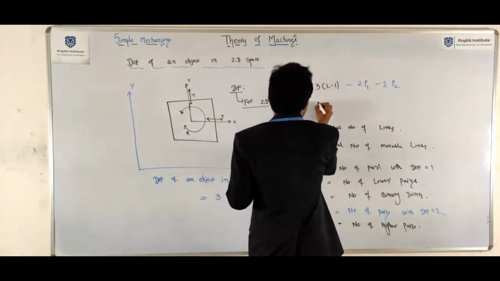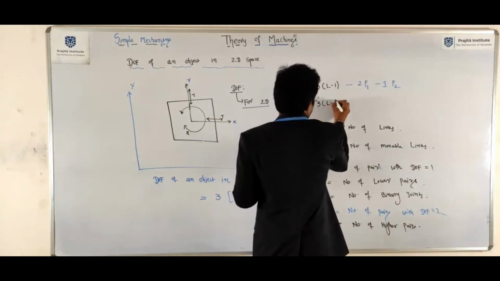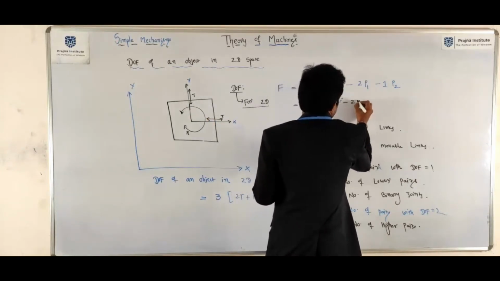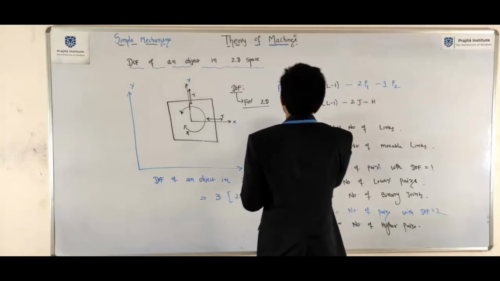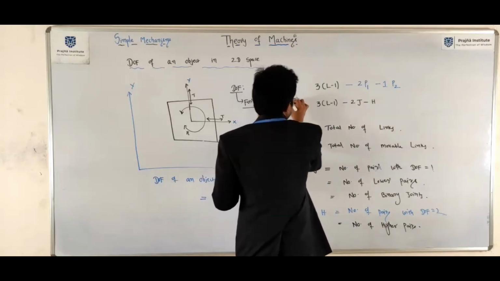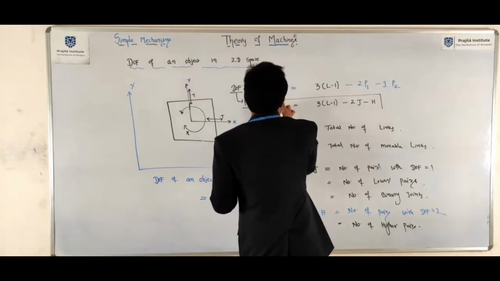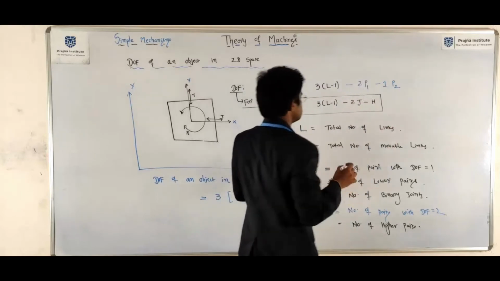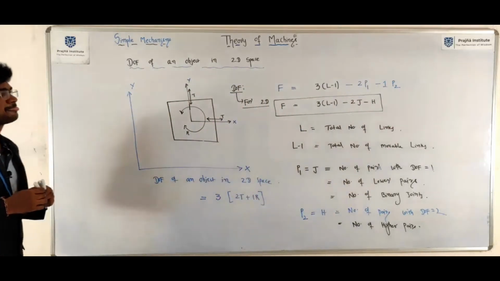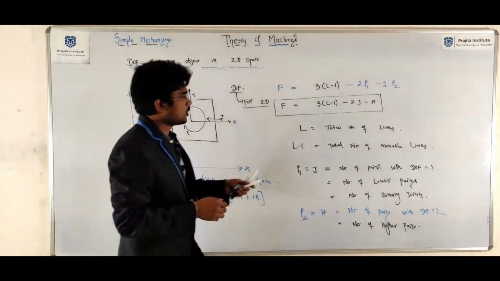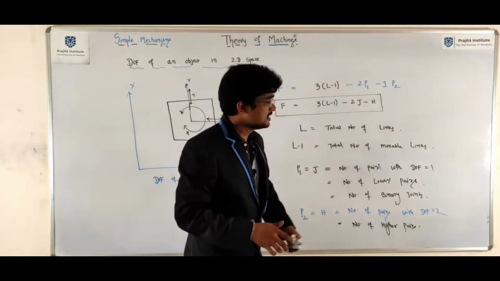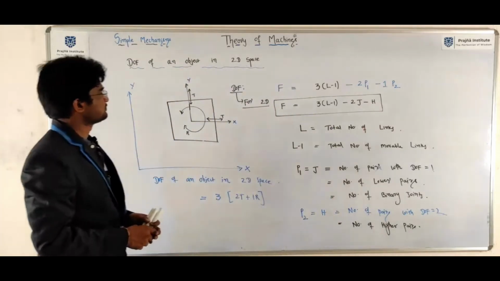You can write it as 3 into L minus 1 minus 2J minus H. This is called the degree of freedom of a planar mechanism, where J is the total number of lower pairs or binary joints and H is the number of higher pairs.